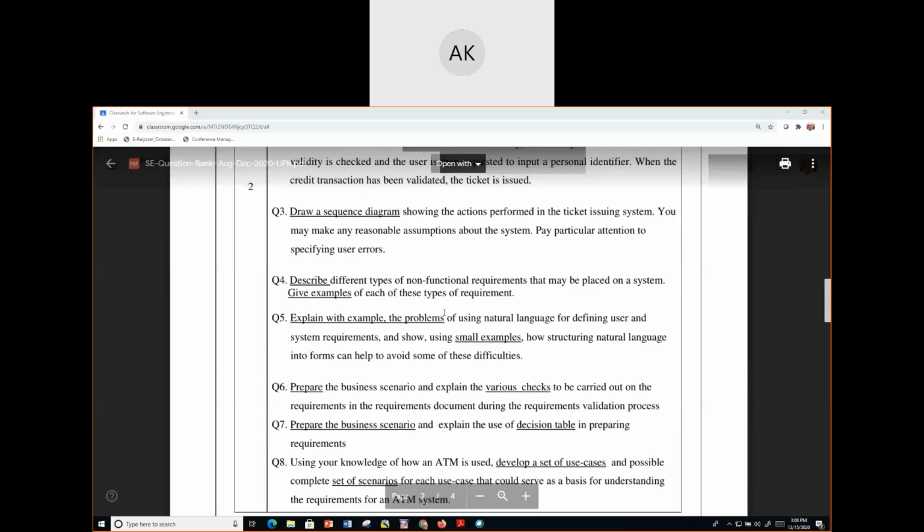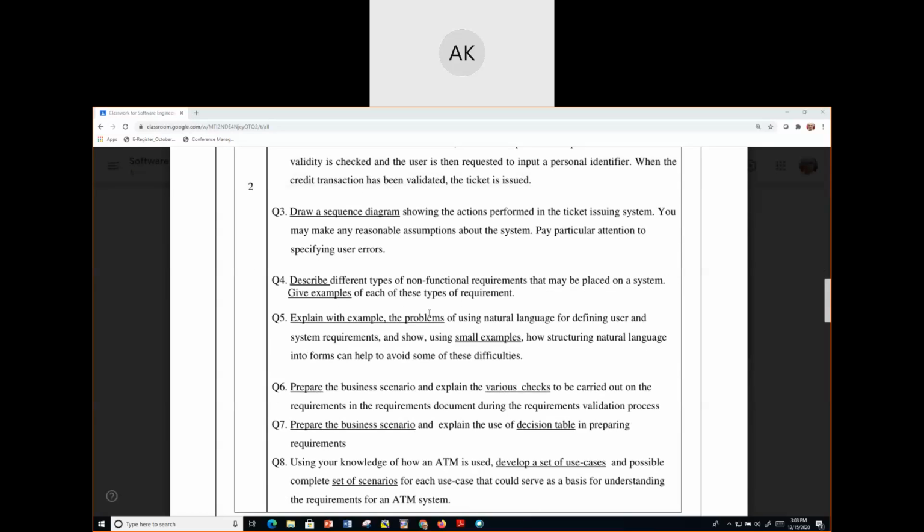Give examples of each of these types of requirement. Non-functional, what examples? I'll say response should be within 3 seconds. You should use Oracle as a database. You should have a naming standard. Many examples you can give.